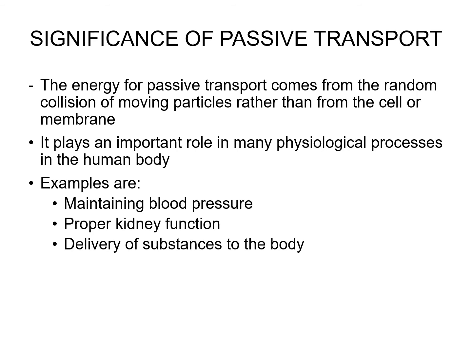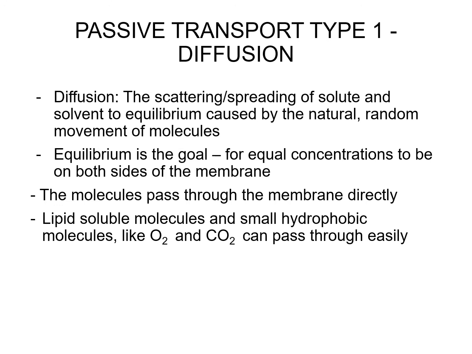Now that we've discussed what passive transport is, let's talk about the different types of passive transport. We're going to introduce four different types. The first one is diffusion, and sometimes we call this simple diffusion. Diffusion is basically what we saw with that first example I showed you, with the little container or beaker that had a median, where the particles were separated with the concentration gradient.